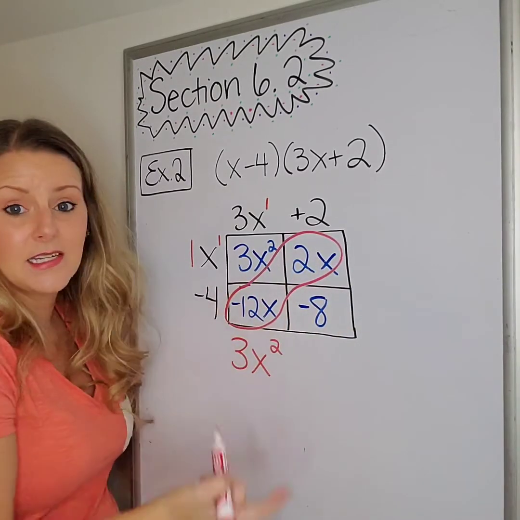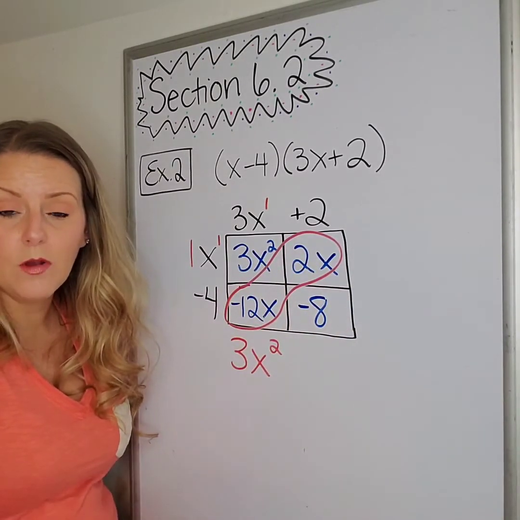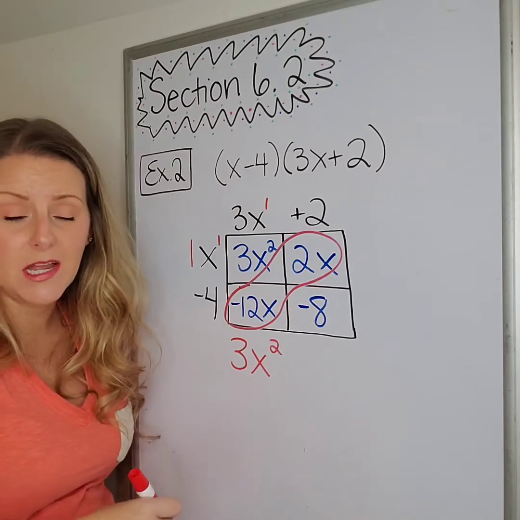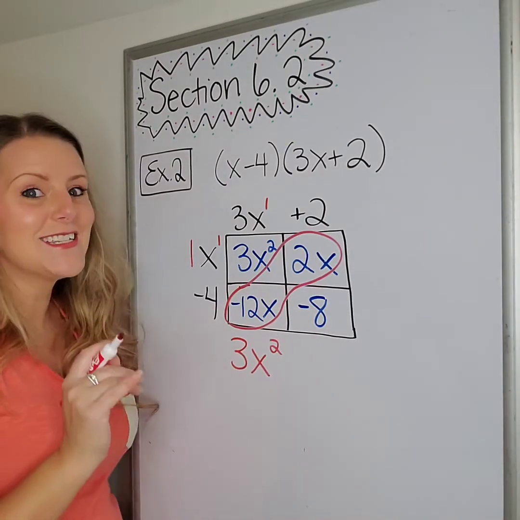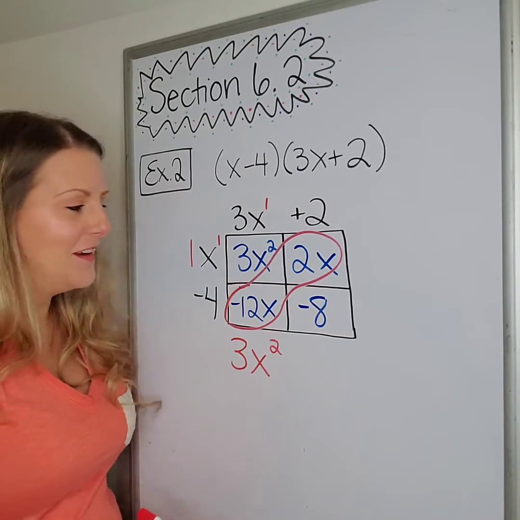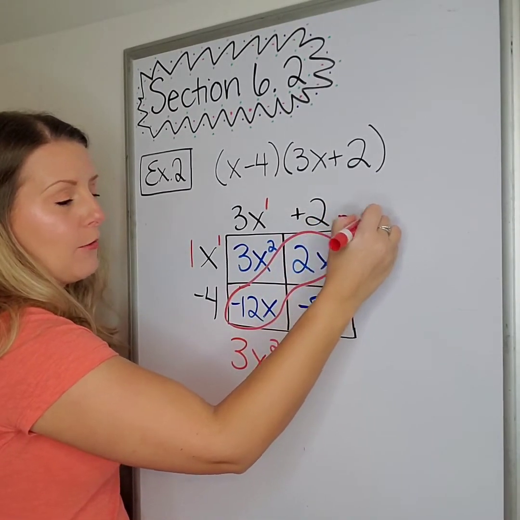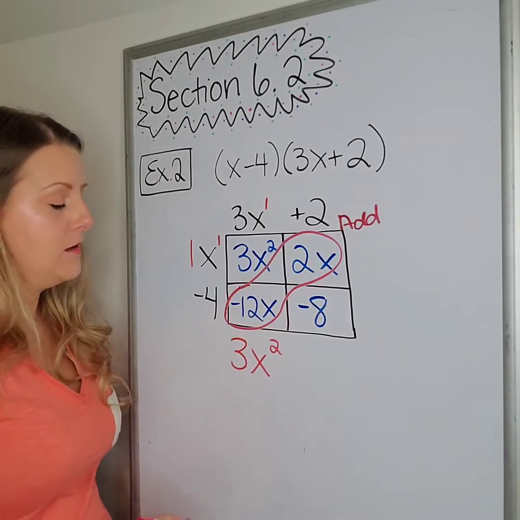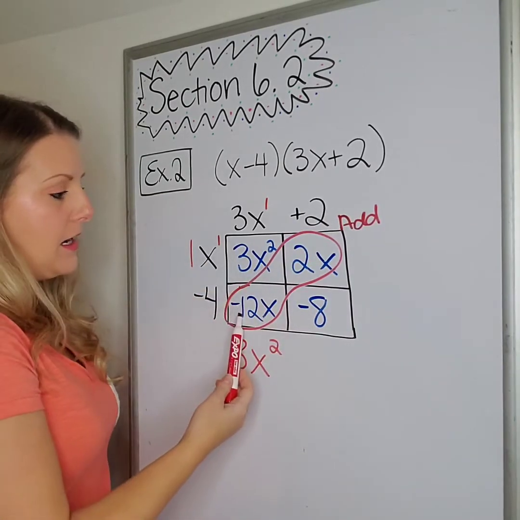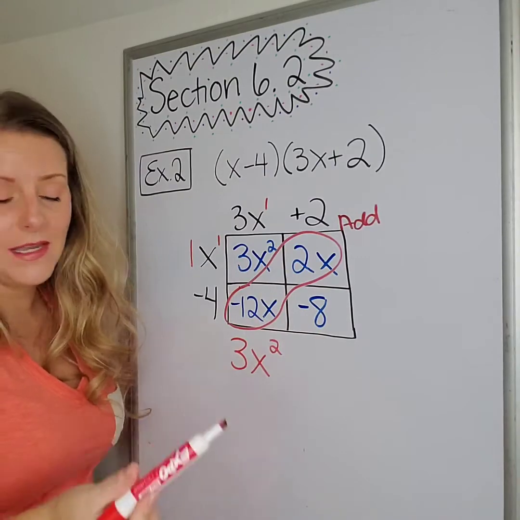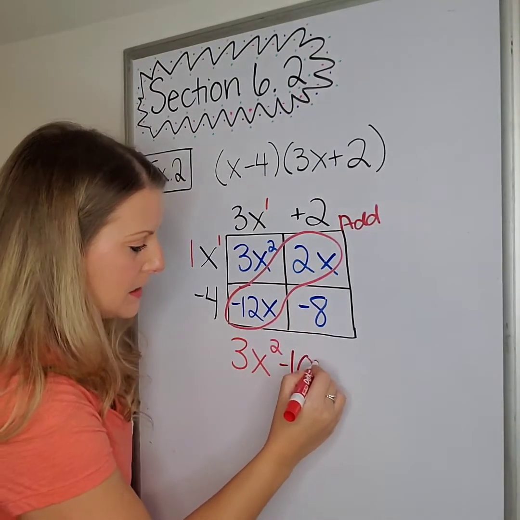X goes with x and it's going to stay an x, just like with the lesson previous to this, section 6.1. Okay. So you're going to add, and you might want to write yourself a note, you're going to add the diagonals, and it doesn't matter the order. Negative 12 plus 2 is negative 10, and it stays an x.